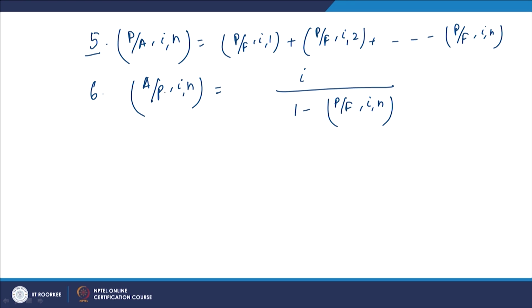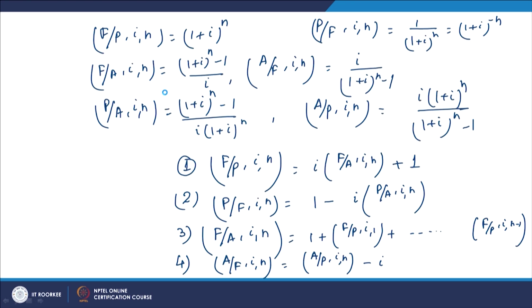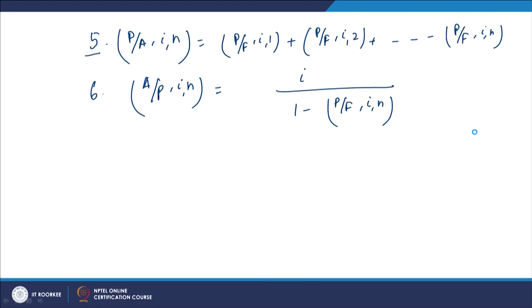We know that A/P at i, n is i into (1 plus i)^n by ((1 plus i)^n minus 1), and P/F at i, n is 1 by (1 plus i)^n.